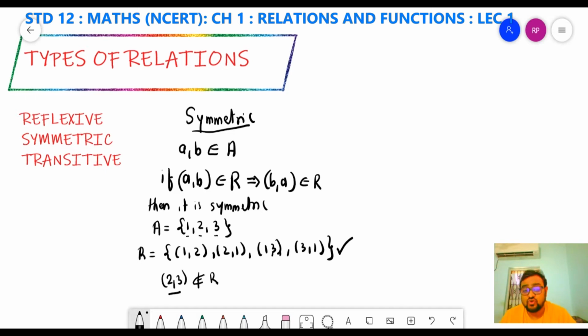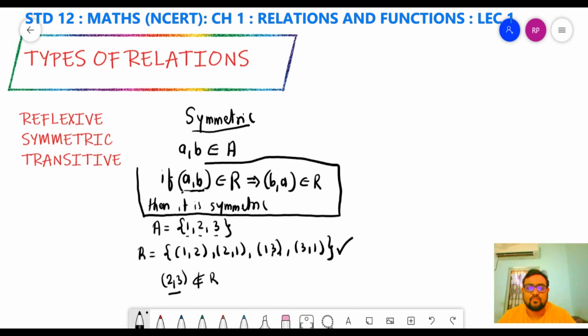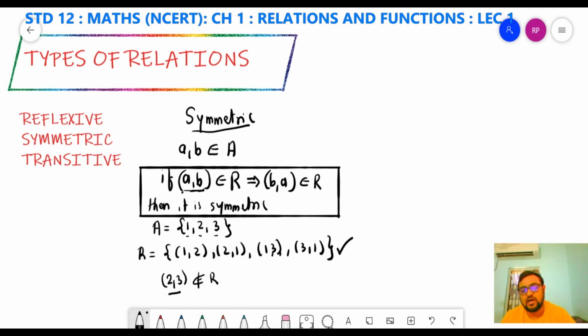Here the condition is: if (a, b) belongs to R, then it must imply (b, a) belongs to R. Then only it is symmetric.